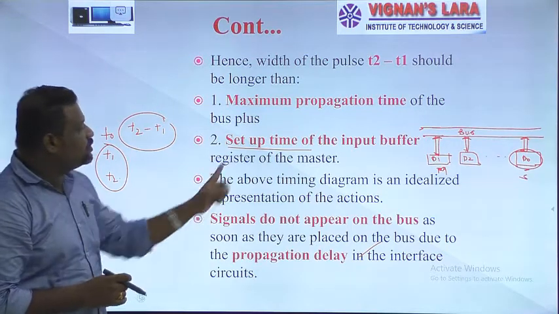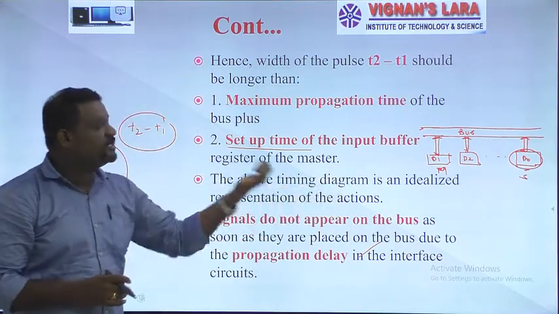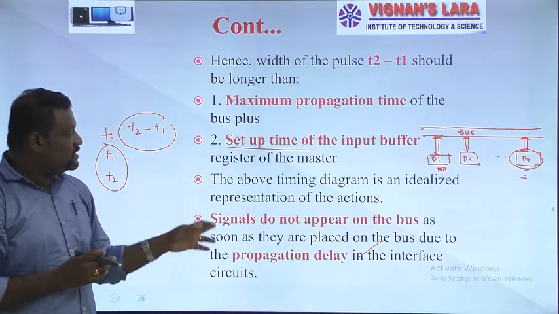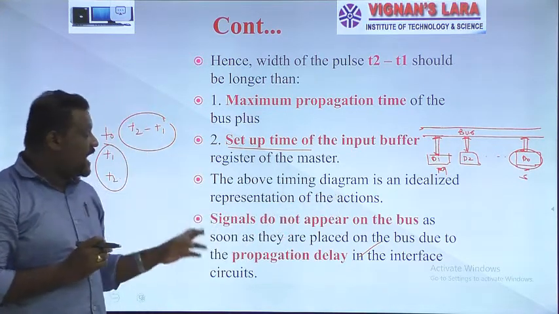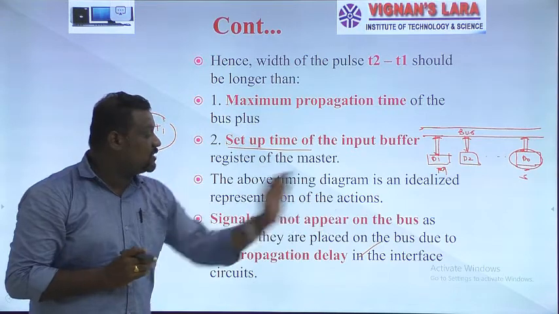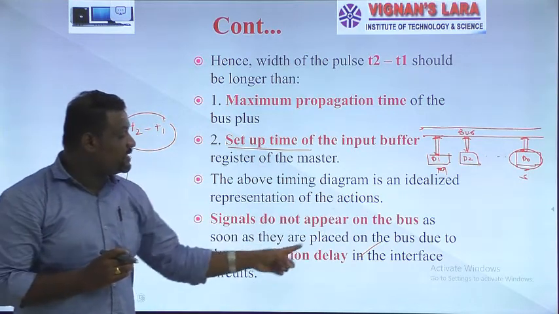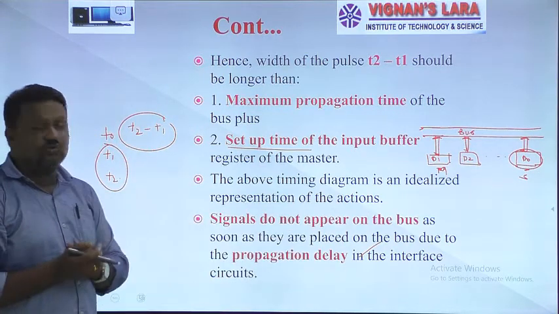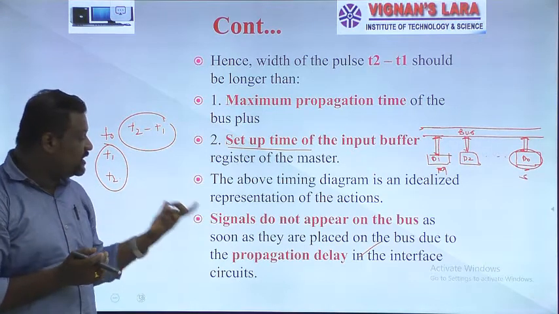So the above timing diagram is an idealized representation of the actions. Signals do not appear on the bus as soon as they are placed on the bus, due to the propagation delay in the interfacing circuits. What is the meaning of this?